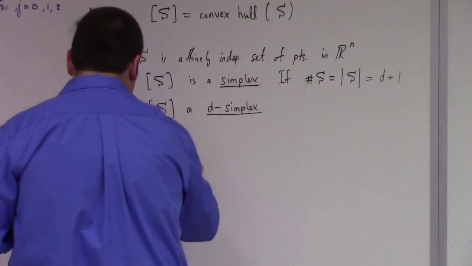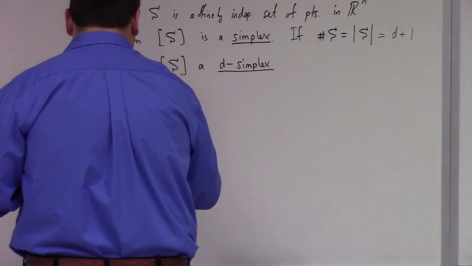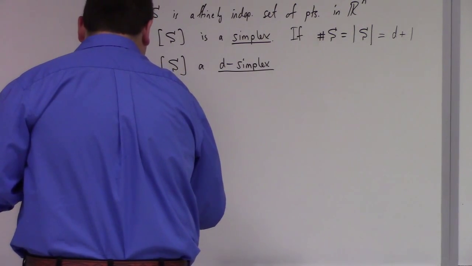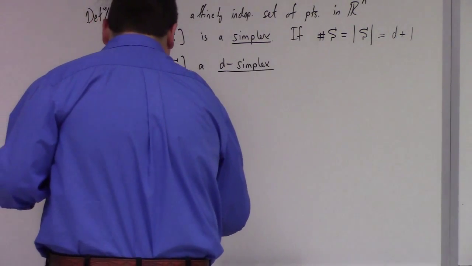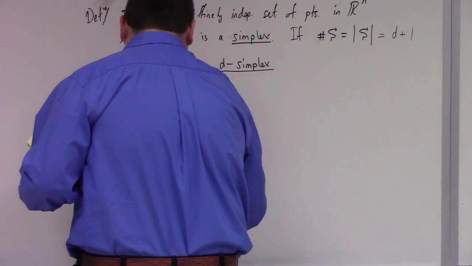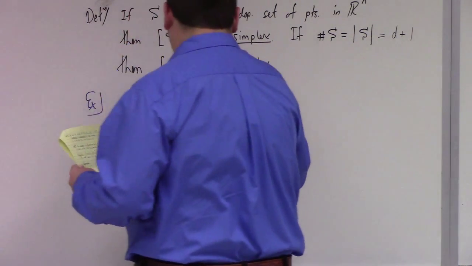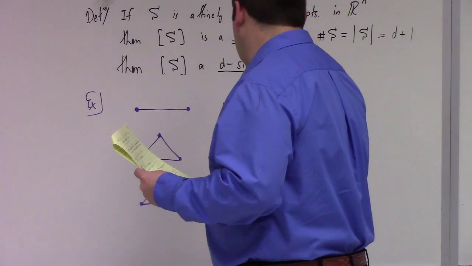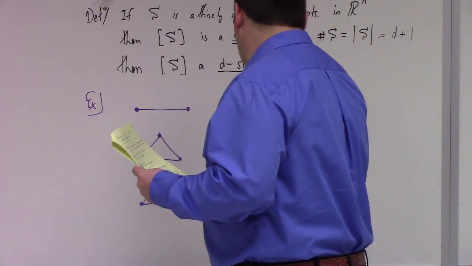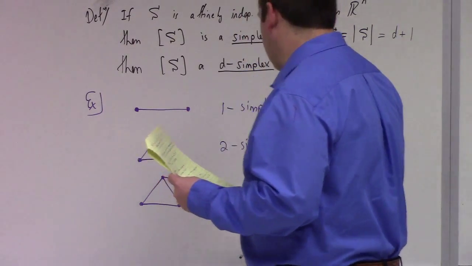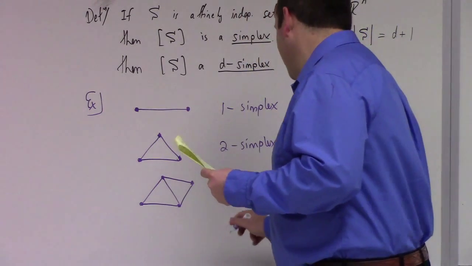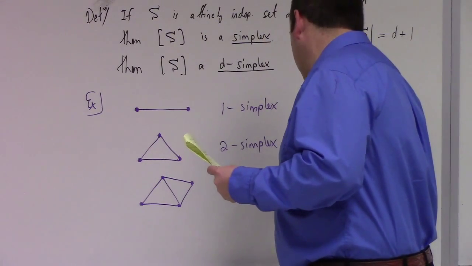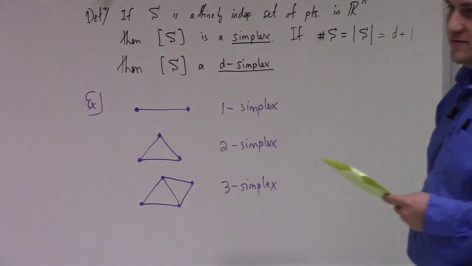2 points. 3 points, we already got them, but I'll do it again. So here's a 1-simplex, aka a line segment, a 2-simplex, also known as a triangle, and a 3-simplex, possibly a non-regular tetrahedron.